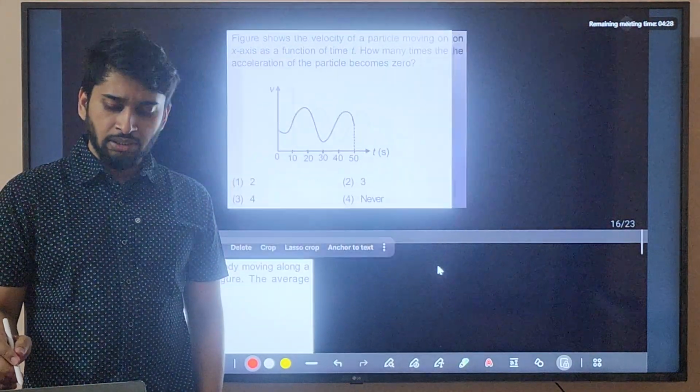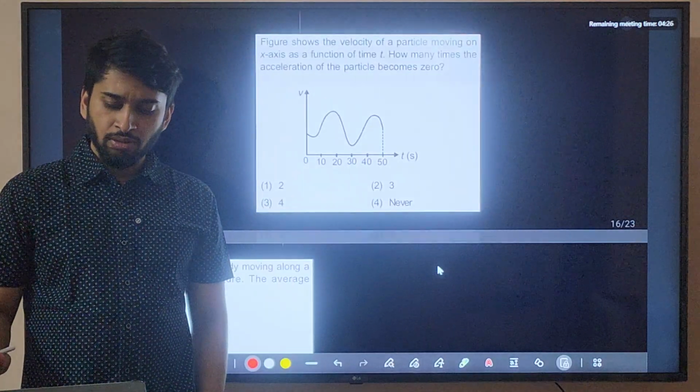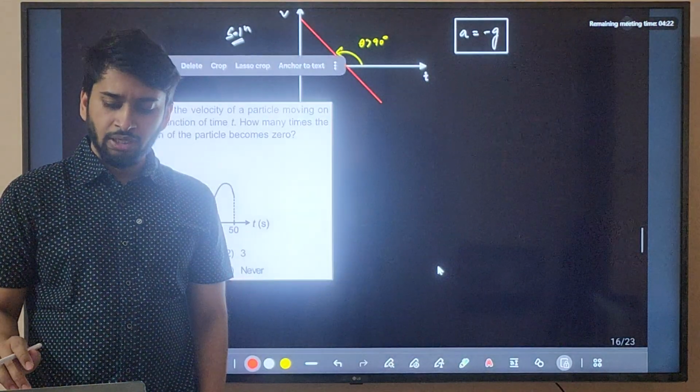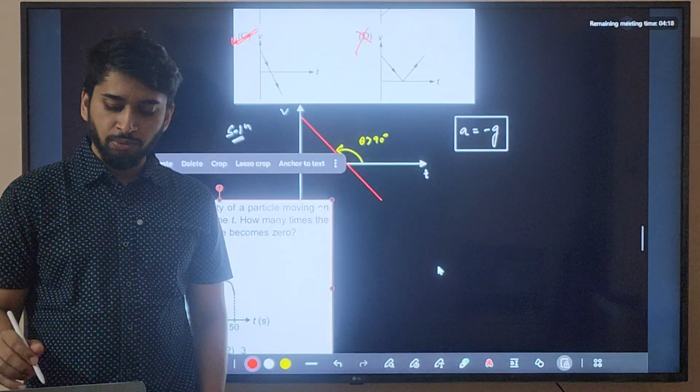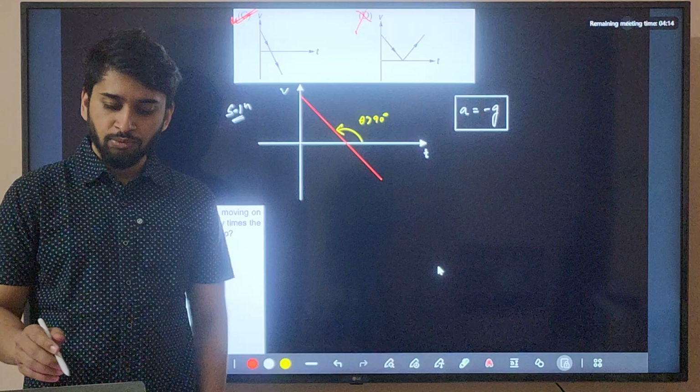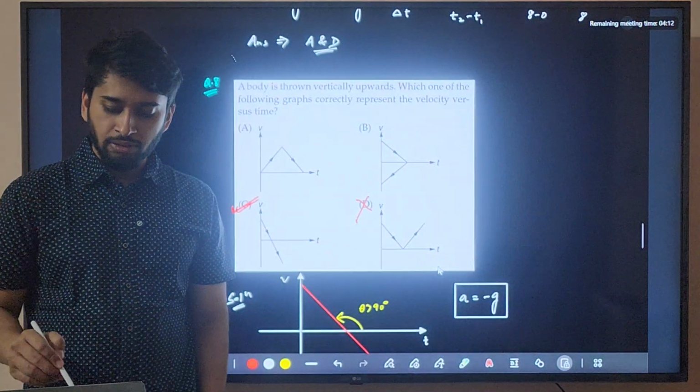Now this is an interesting question. This is not a position time graph. This is not a velocity time graph. This is a position time graph only. So let me do one thing. Let me go in sync. Let me move this here.